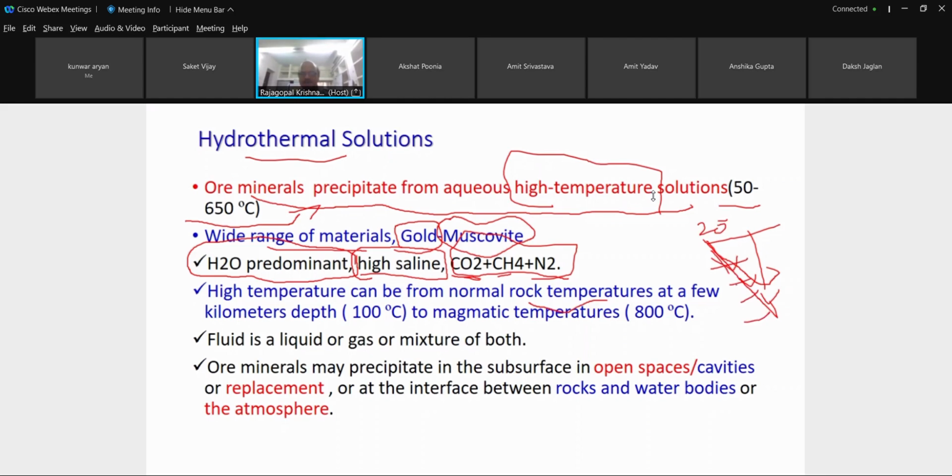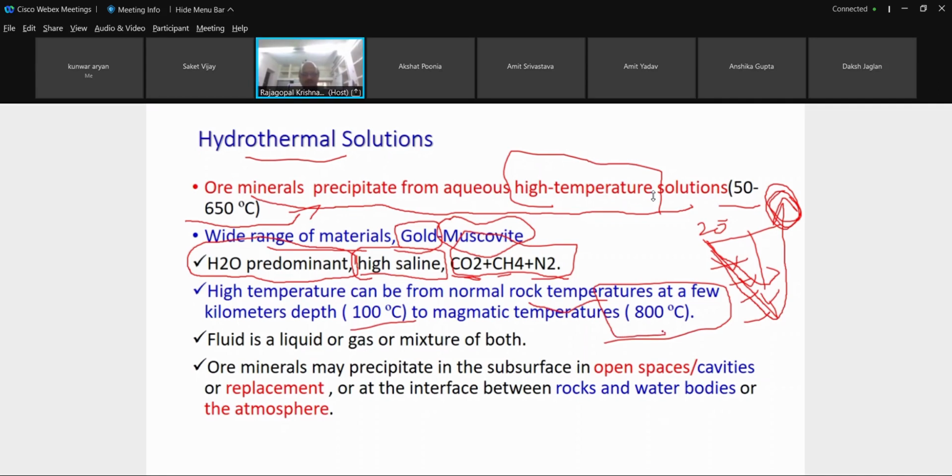So the water can attain high temperature, and when it comes to the surface, it will come as thermal springs. In fact, this is the reason for many of the thermal springs. The most famous Old Faithful Geyser of America is also a geothermal system. So you can have 100 degrees Celsius to very high temperatures, like 800 degrees Celsius.